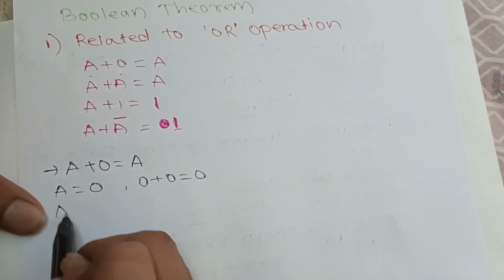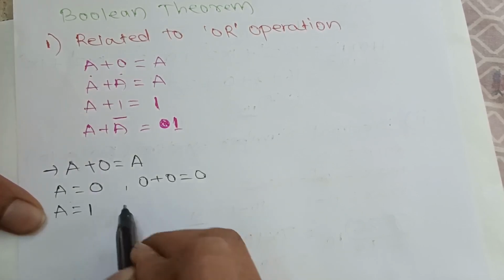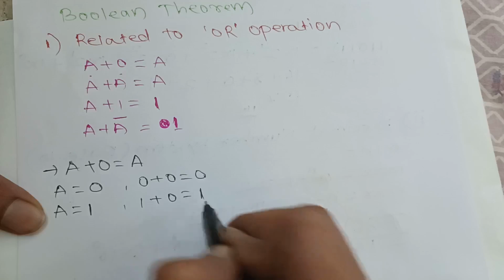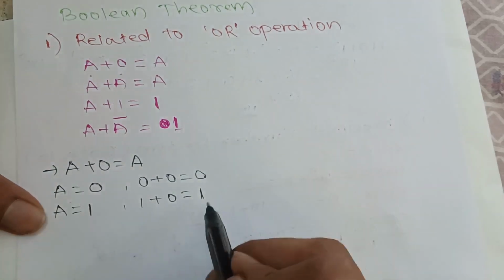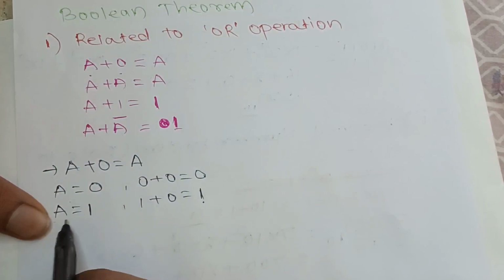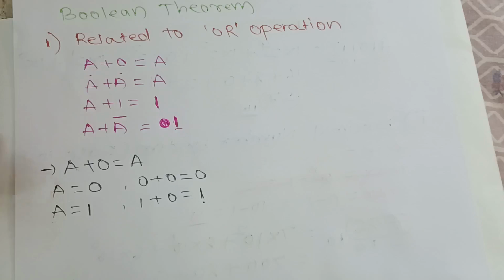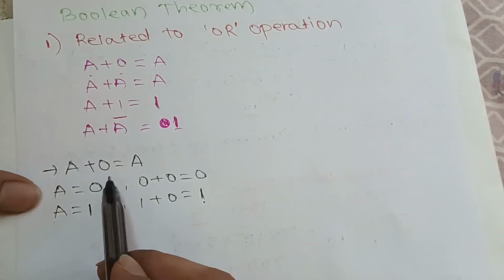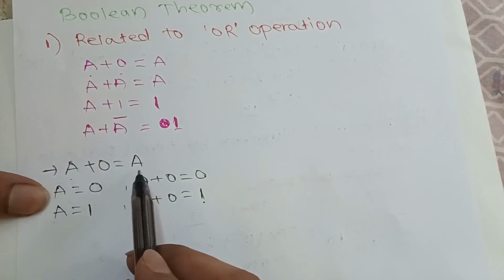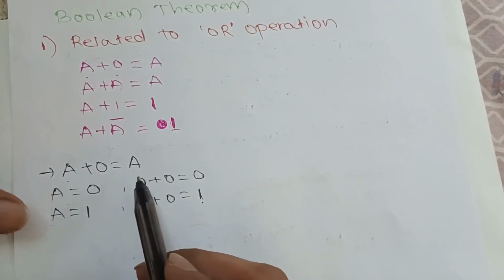Next, take a equal to 1. If you take a equal to 1, 1 plus 0 is going to be 1. So this is the a value which we have considered. Here we can see that if you add 0 to a variable, the same variable we are going to get as our final output.